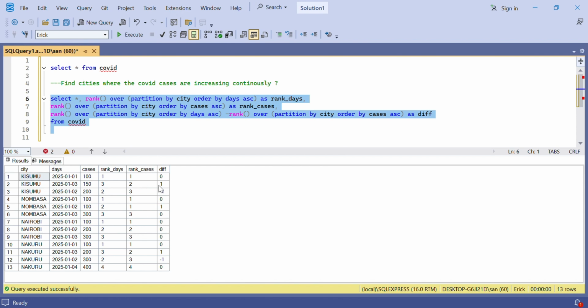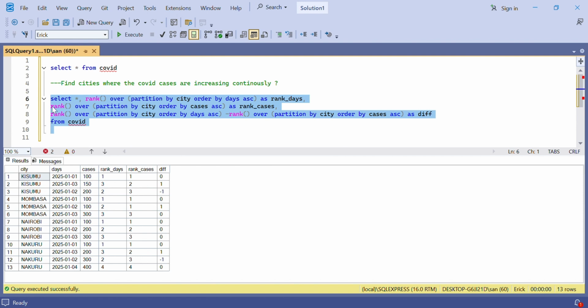So we can now use this table to filter the city having increasing COVID cases.